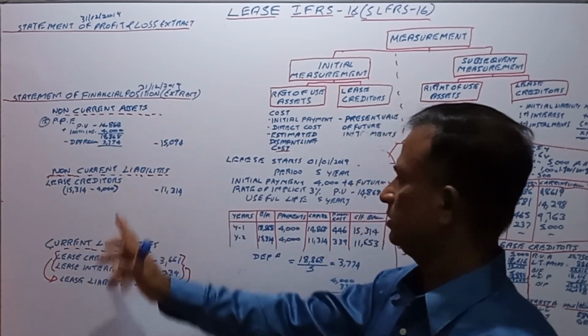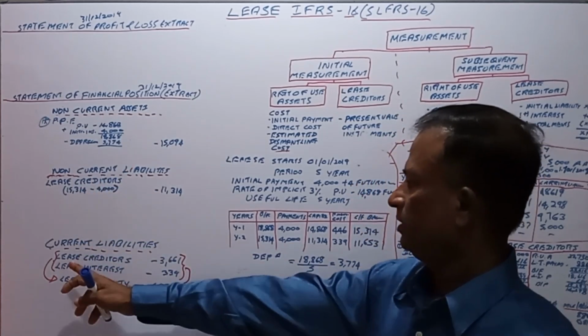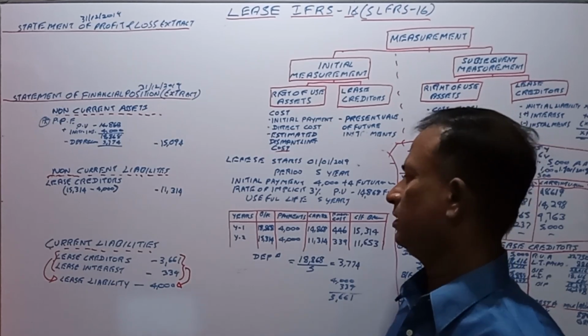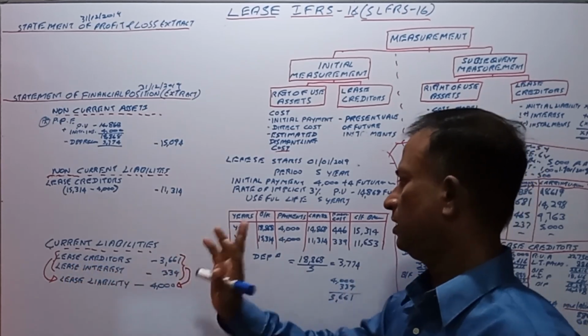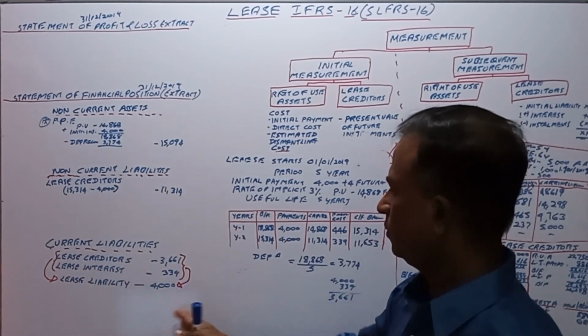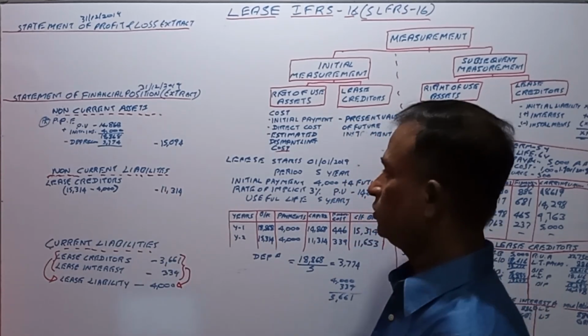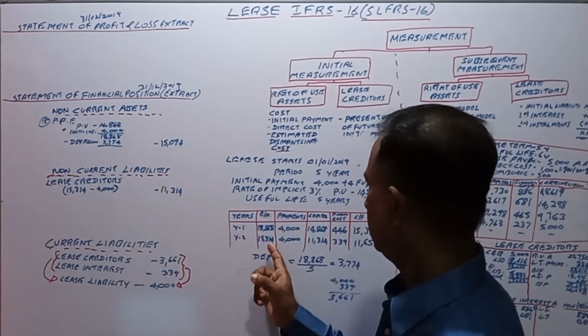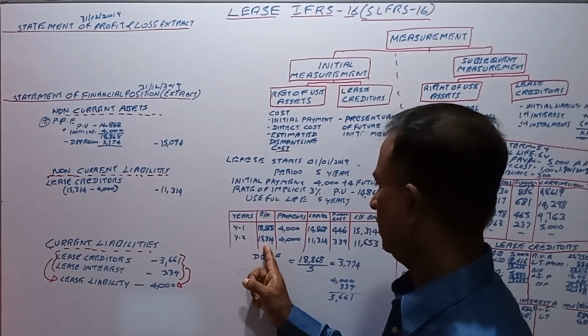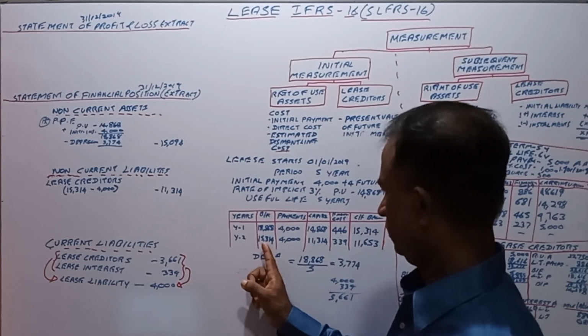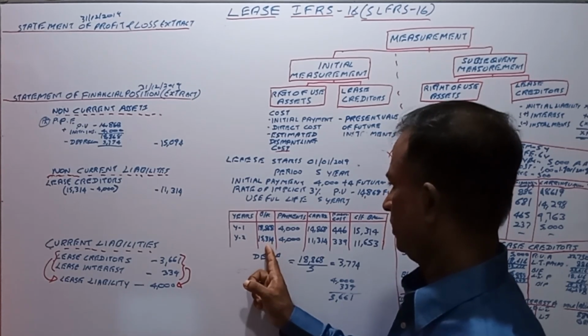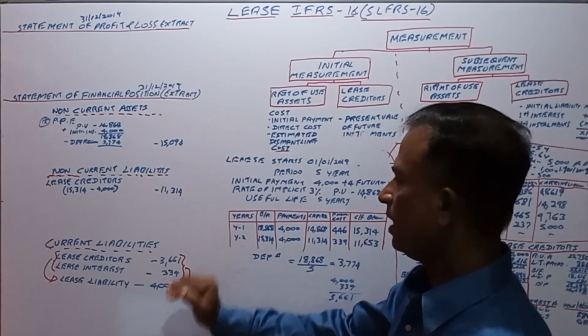This 4,000 is the current liability, that is lease creditors 3,161 and lease interest 339, or lease liability altogether you can say 4,000. This is how you have to split the lease creditors of 15,314. You have to split and show it, non-current and current.